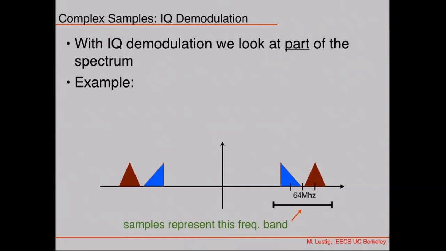So the question is, how do we actually get complex data? The signal that we get is actually real. The signal that we receive from MRI, from the coil, is real valued. And because it's real valued, its spectrum is conjugate symmetric.